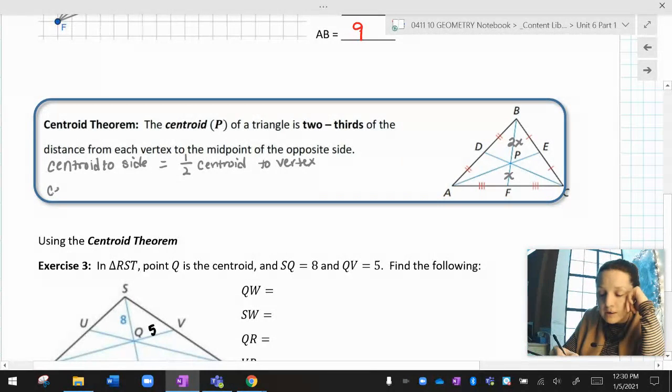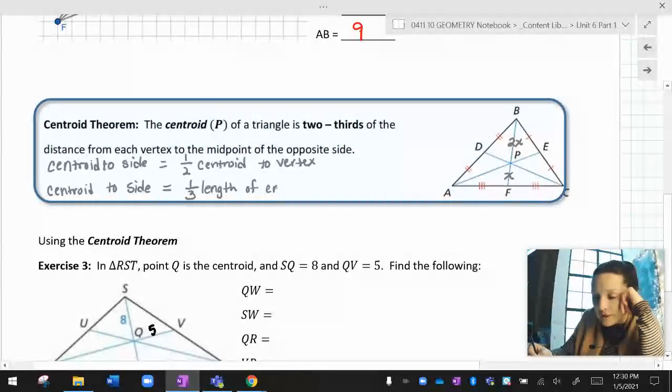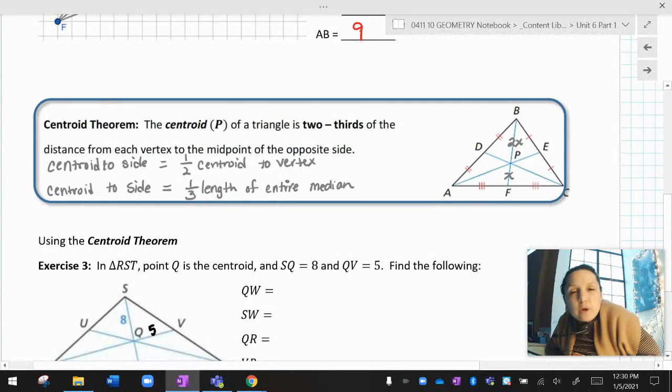And another way to say that is centroid to side is 1/3 the length of the entire median. And this is going to make more sense if we look at some numbers in a second. So get that jotted down.